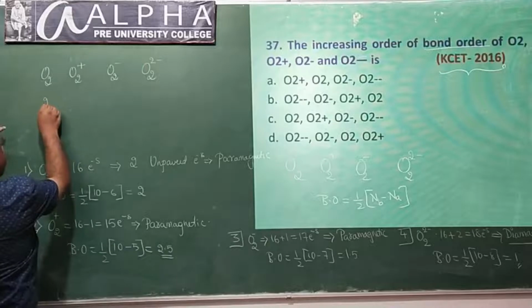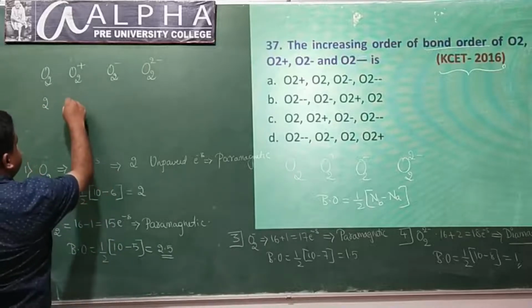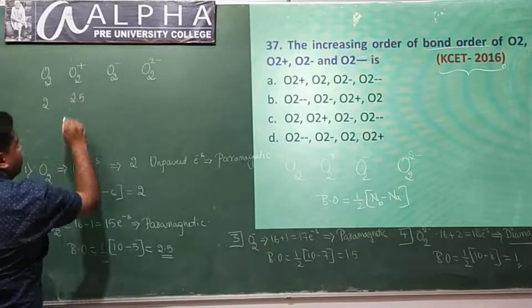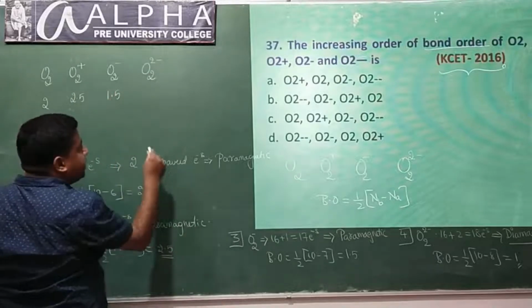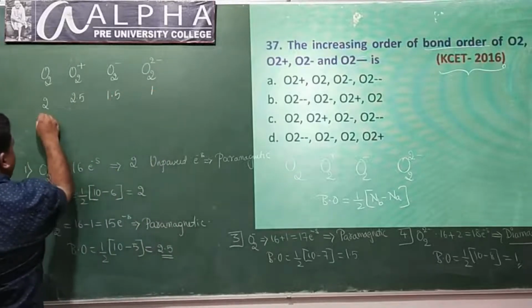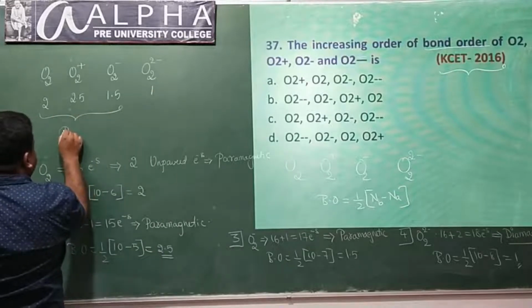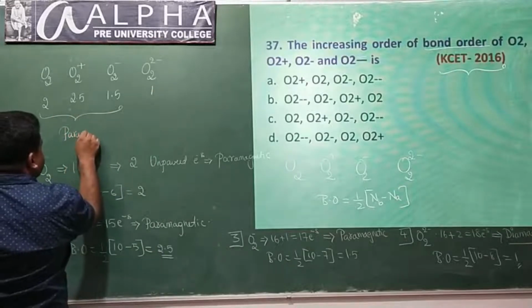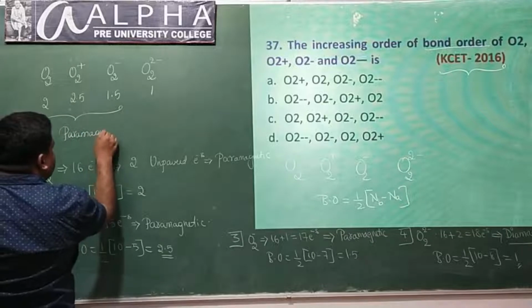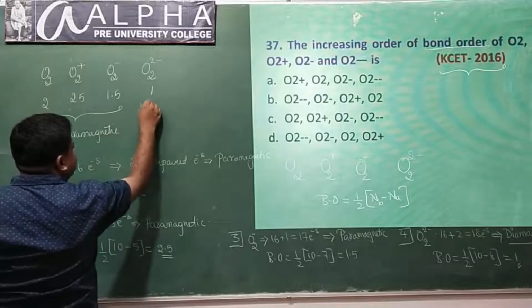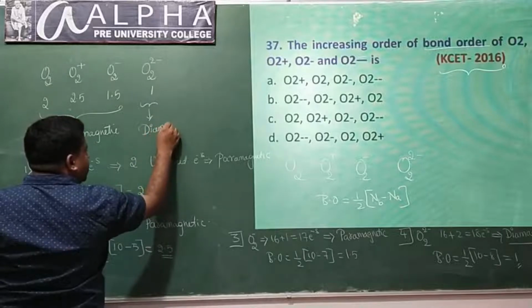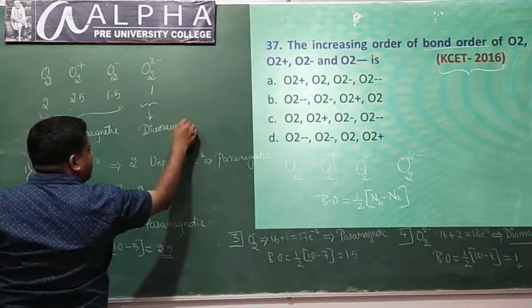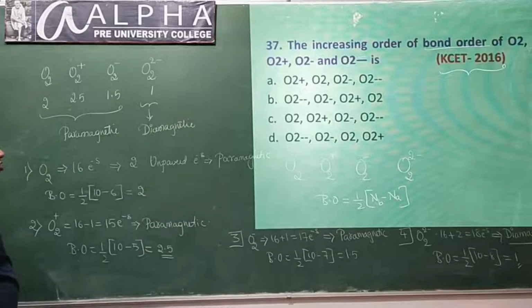This is 2. Bond order of O2 plus is 2.5, O2 minus is 1.5 and O2 2 minus is 1. Remember, all these three are paramagnetic, and only this one is diamagnetic.